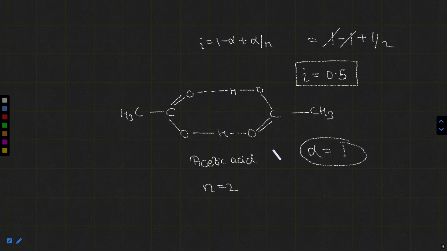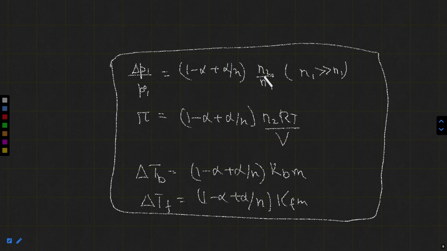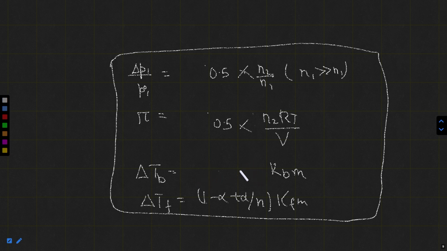So you can see here that in case of association, since the number of particles has been reduced, i is equal to 0.5. If we put 0.5 in every formula we have calculated earlier, we can write this.